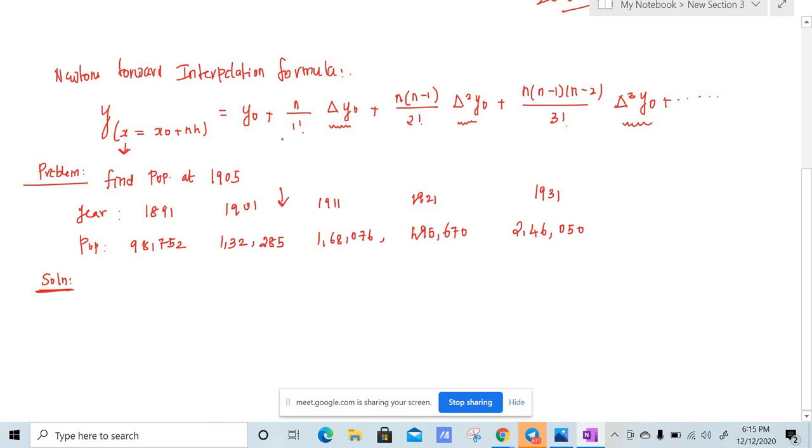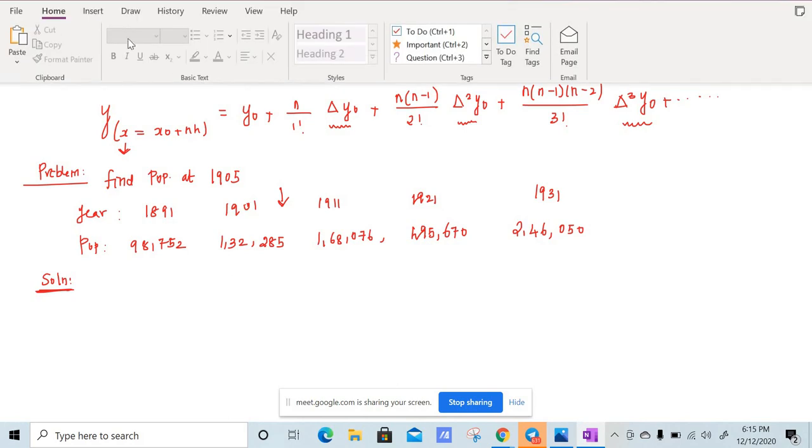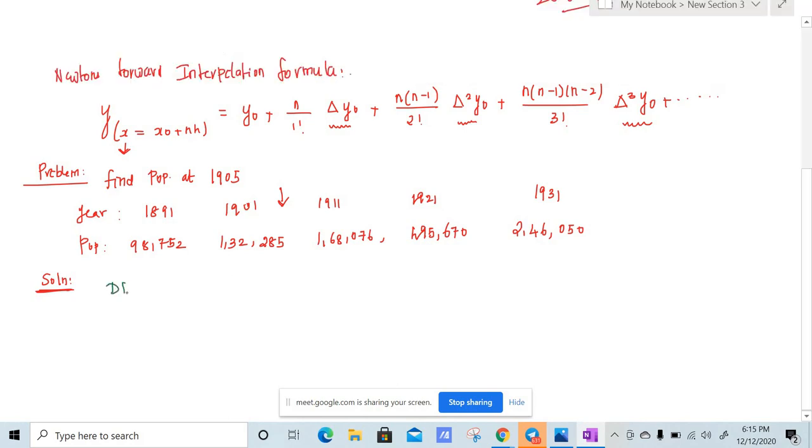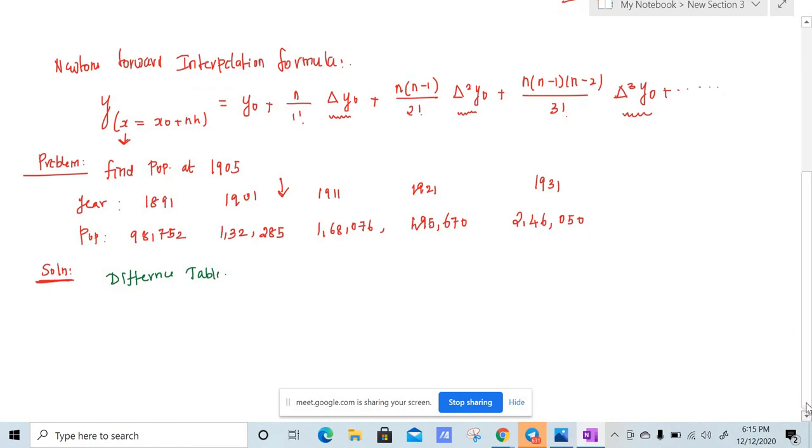So whenever you are given the table, first you need to find the difference table. So difference table, very easy table.